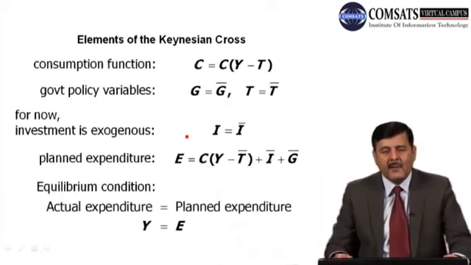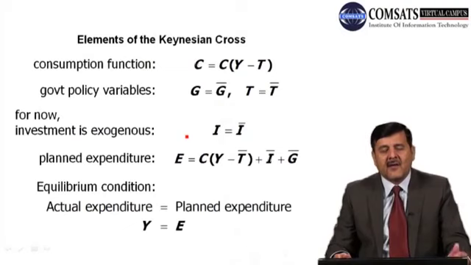Elements which we are going to use in this Keynesian cross are the consumption function. As we know, consumption is a function of income, and here particularly consumption is a function of disposable income. Now C is a function of Y minus T. Y is the level of income minus taxes, personal income minus taxes, so then it becomes disposable income.